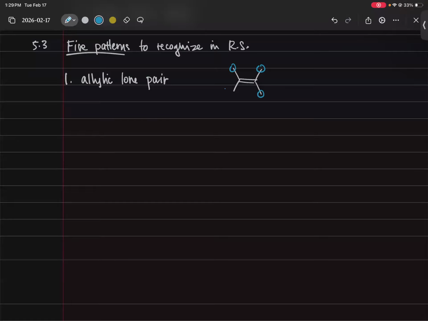The allylic position is any atom that's attached to a carbon that's part of an alkene, a carbon-carbon double bond. So this is kind of like our allyl cation at the very beginning of today. Again, the word comes from the same place.